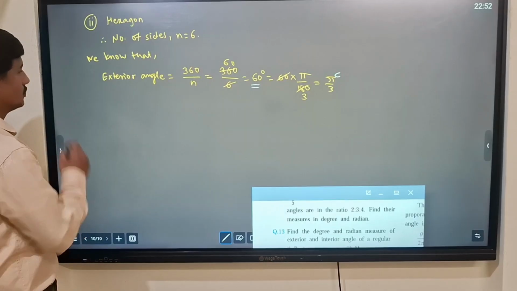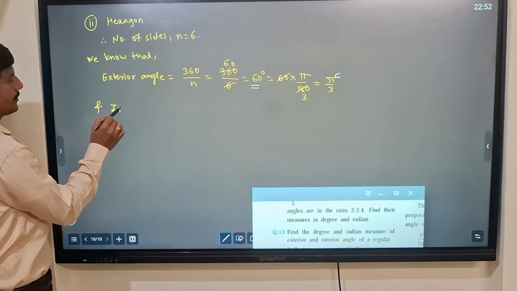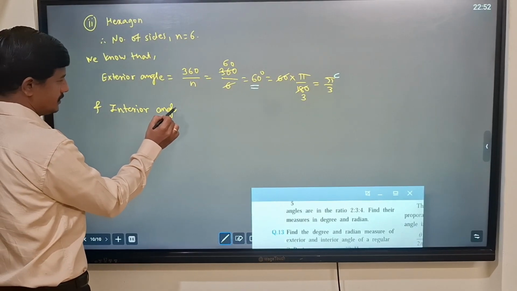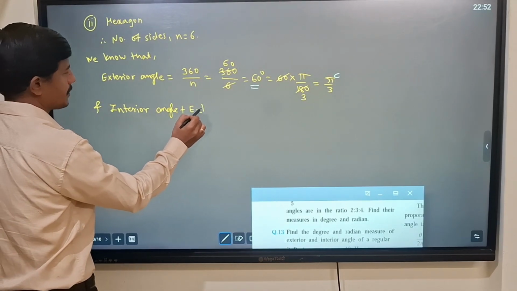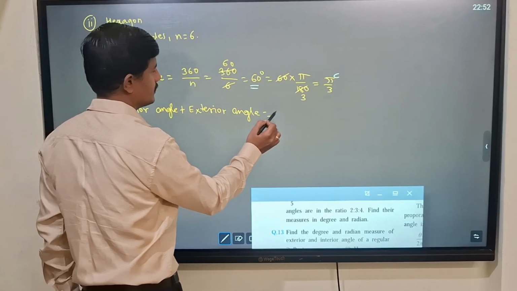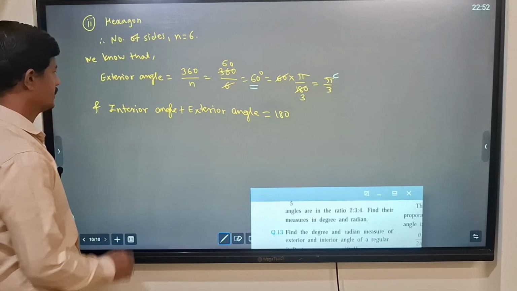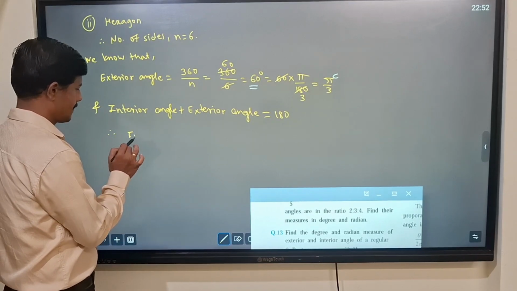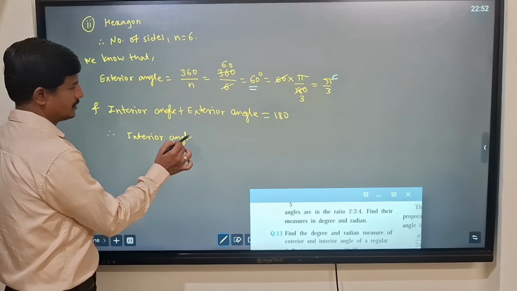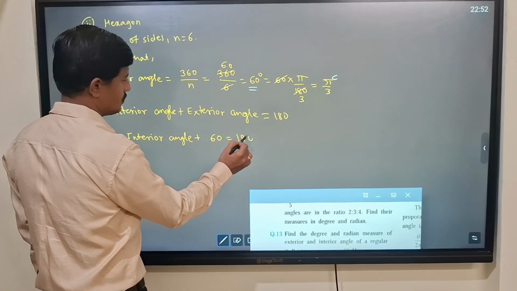Now, interior angle plus exterior angle is equal to 180. Therefore, interior angle plus 60 degrees is 180.